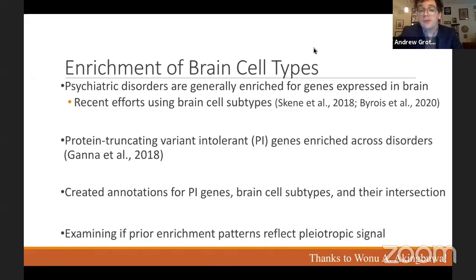In general, protein truncating variant intolerant genes tend to be enriched in cross disorders, where PI genes are those that are characterized by a particularly low frequency of protein truncating variants, indicating that these might be particularly relevant for overall functioning. So what we, and I should say WONU, did is create annotations for PI genes, brain cell subtypes, and their intersection, and then we examined whether or not there was enrichment for pleiotropic signal within these annotations.